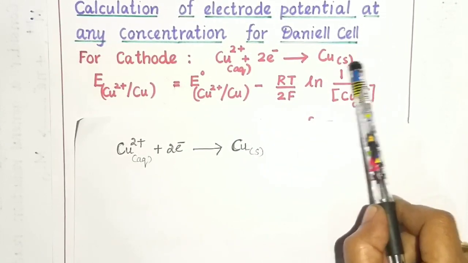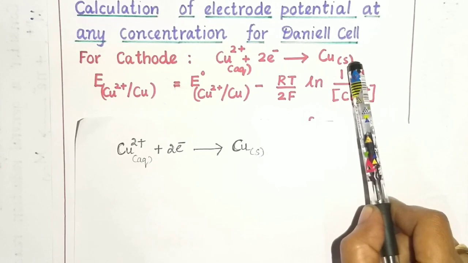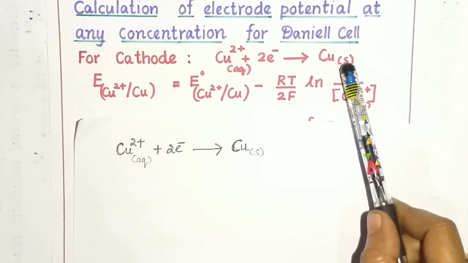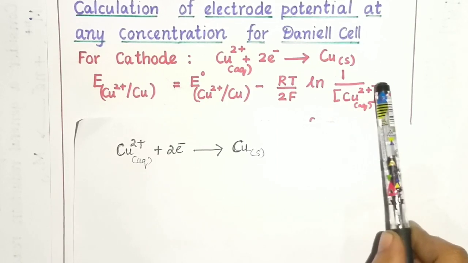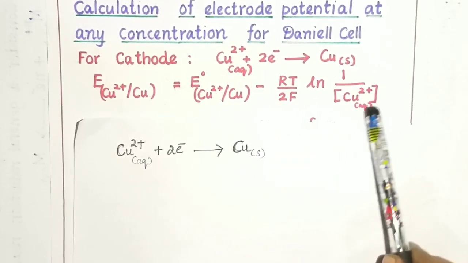But the concentration of the product is a metal, so this is taken as 1. So we can write ln 1 by concentration of Cu2+ aqueous.